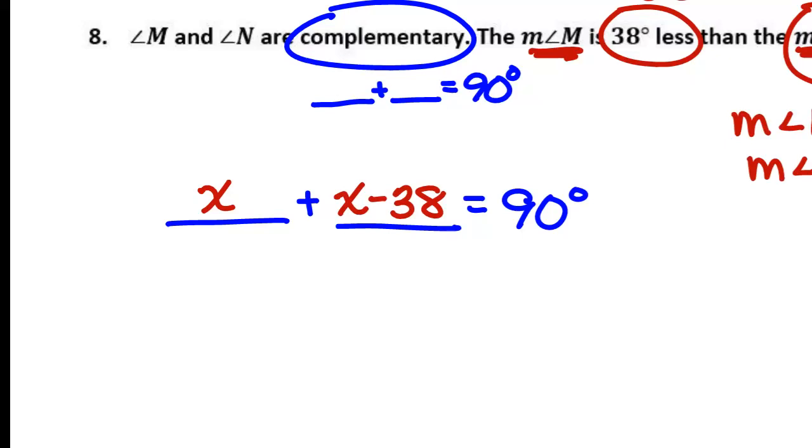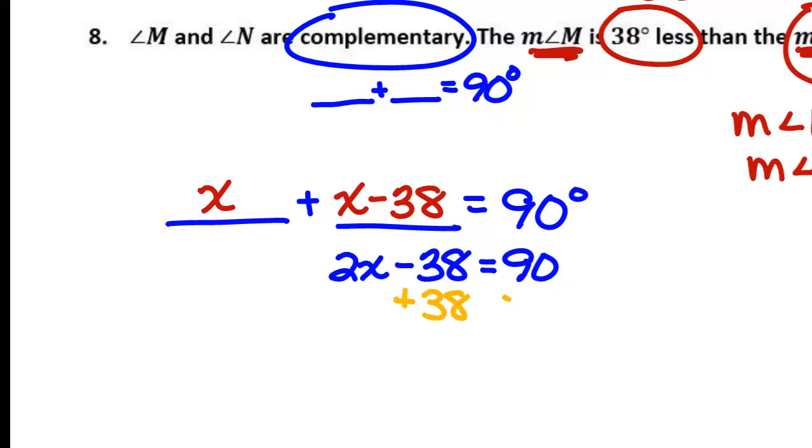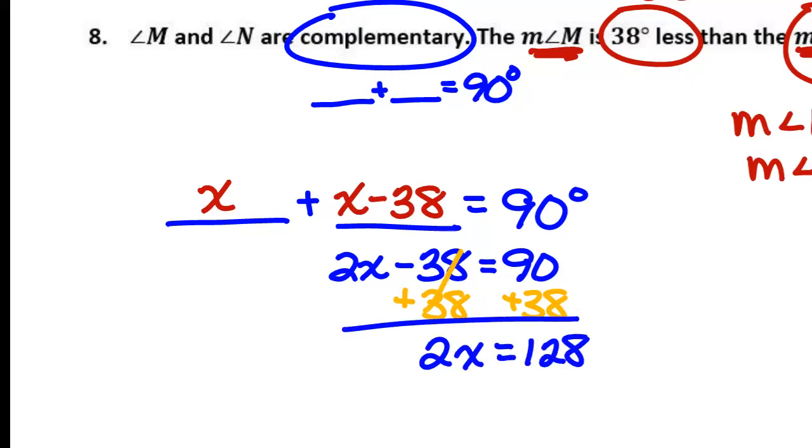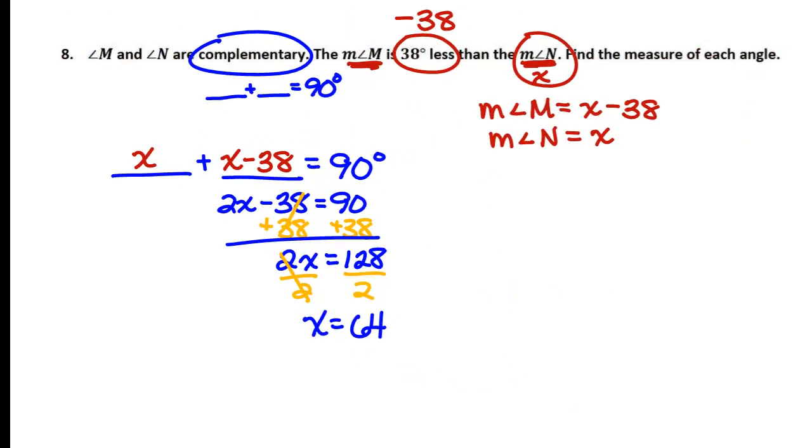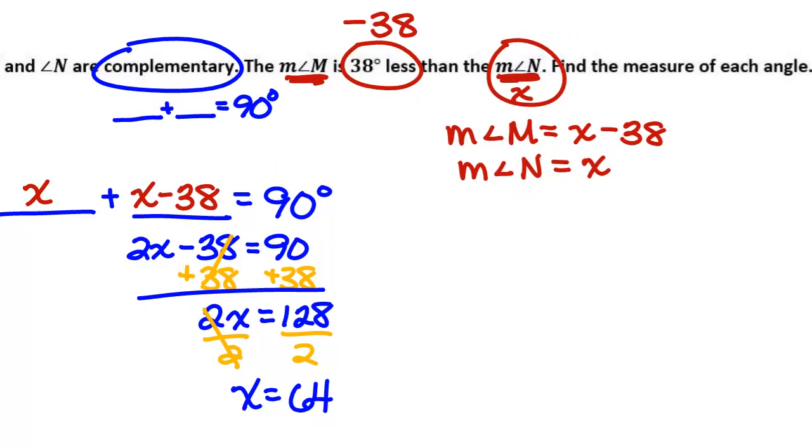So now I combine my like terms. I get 2x minus 38 equals 90. Add 38 to both sides. 128, so 2x equals 128. X equals 64. You guys are talking faster than I can write, but I love it. 64. Okay, so what does that tell me then?